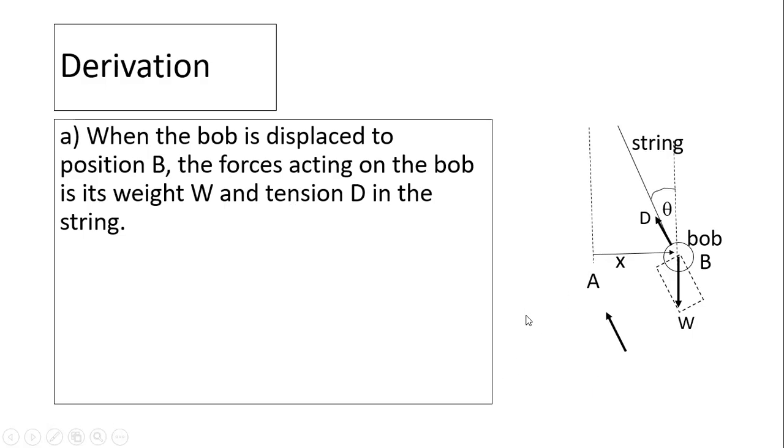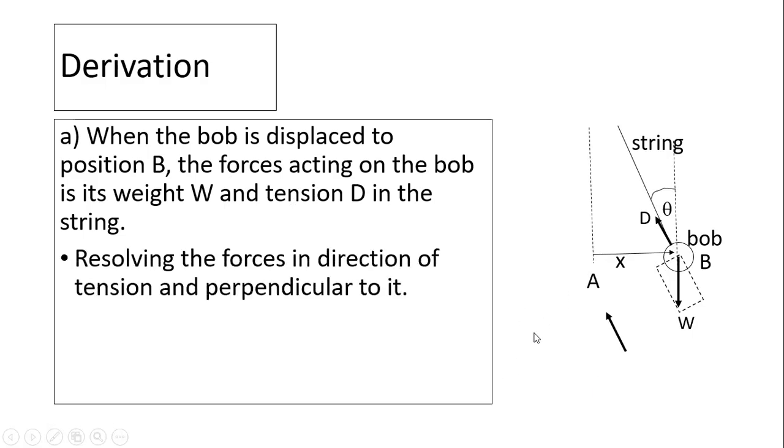So we can redraw that. That's your tension. And then we can resolve the weight into its two perpendicular components, x and y. Remember this angle is also theta. So it's W sin theta, and W cos theta.